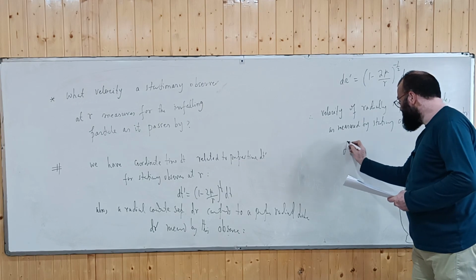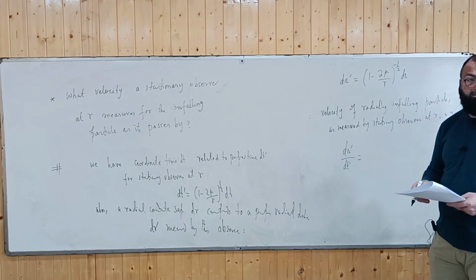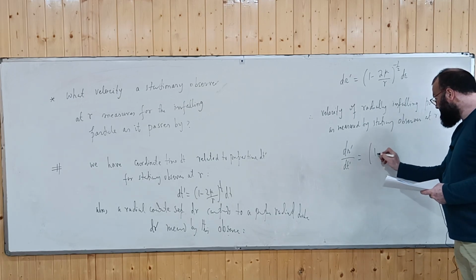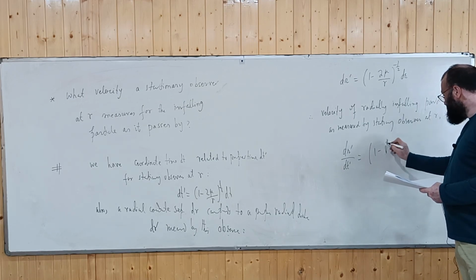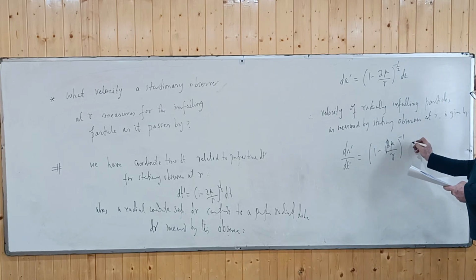That will be simply dr prime by dt prime, which gives the proper velocity. Is that true? So just divide the two. It will be simply (1 minus 2 mu by r) raised to the power minus 1 times dr by dt.